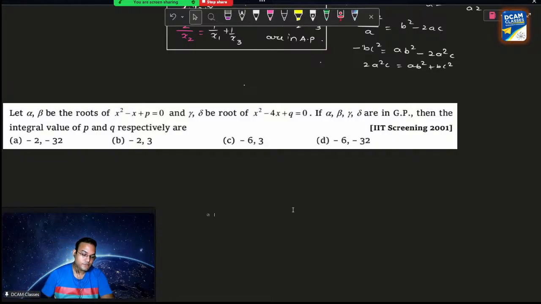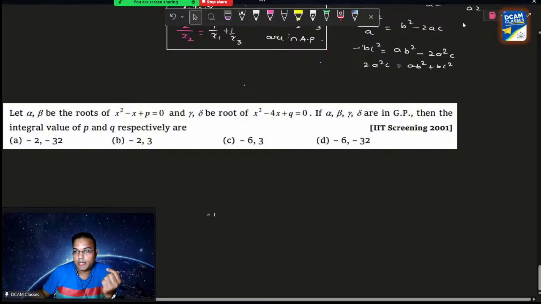Somehow you have to solve R and alpha. You have to get the value of R and alpha. What happened? Do you want me to solve it?